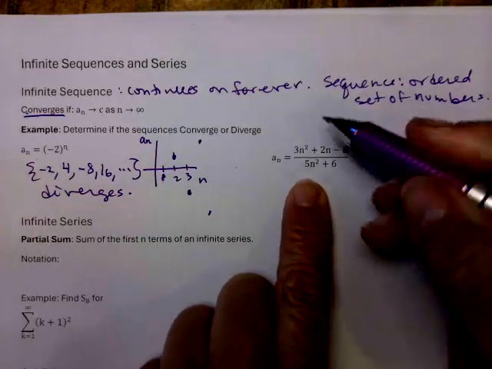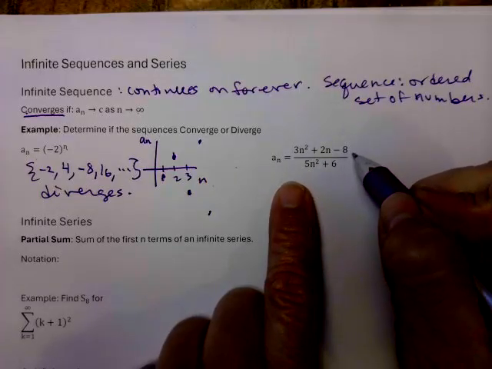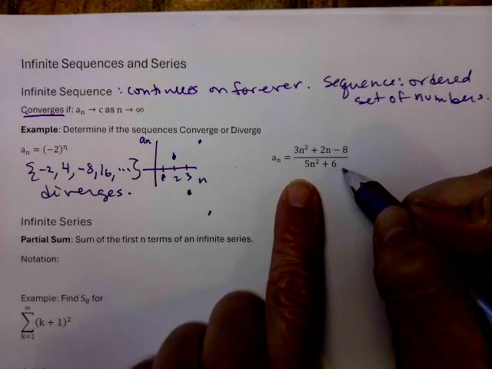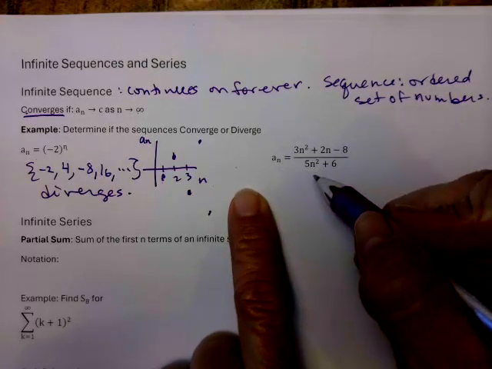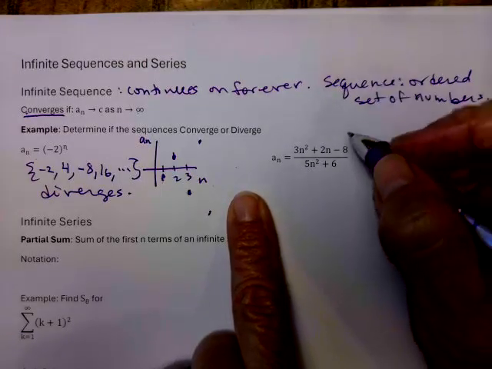Example 2, a sub n equals (3n squared plus 2n minus 8) all over (5n squared plus 6). Again, we're letting n get big. Think about rational functions.